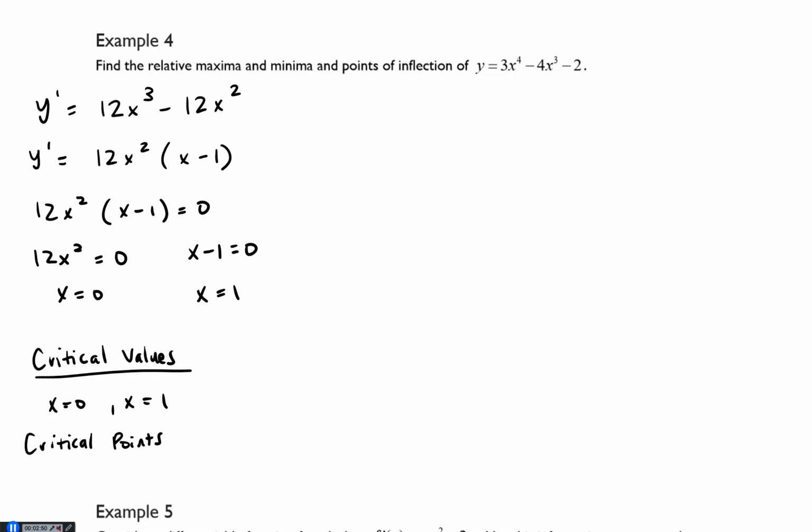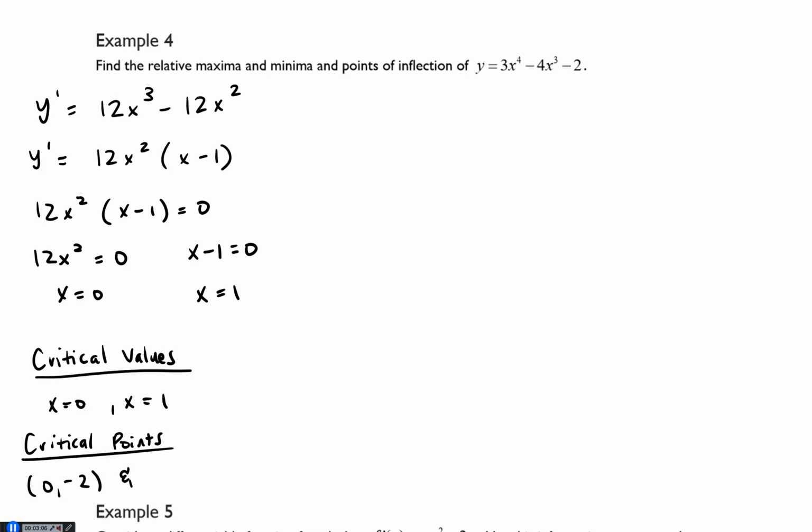Then we want to go ahead and plug those back into our original function. If we plug in 0, then the output would be -2. So one of our critical points will be 0, -2.